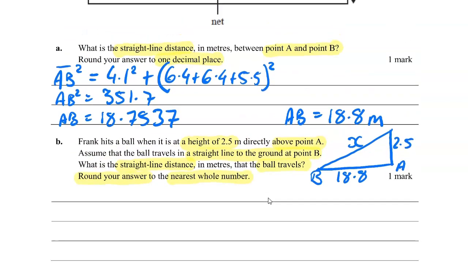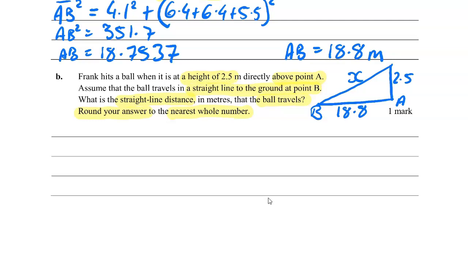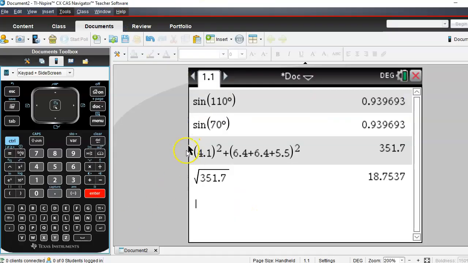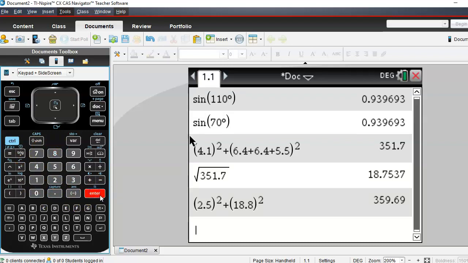Oh, by the way, part A, 73% of the state got 1 mark there. So here, again, that distance x squared is equal to 2.5 squared plus 18.8 squared. So bring up my CAS again, 2.5 squared plus 18.8 squared. Enter.